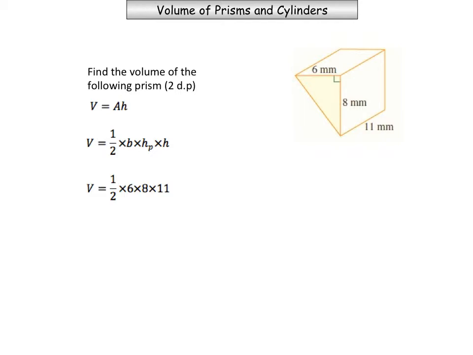Putting the values in for that, the base of the triangle is 6 millimeters, the height is 8 millimeters, and that's the perpendicular height, and the height of the prism is 11 millimeters. And the volume comes out to 264 millimeters cubed.